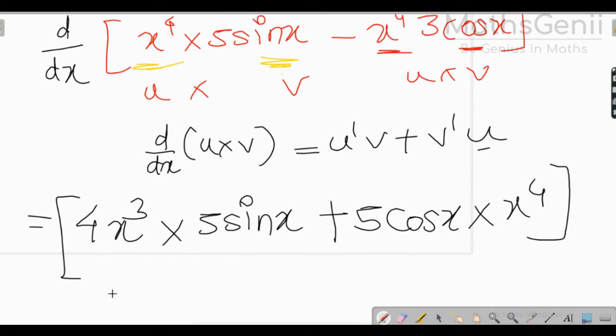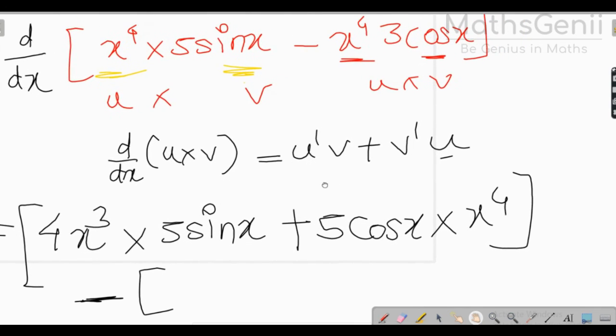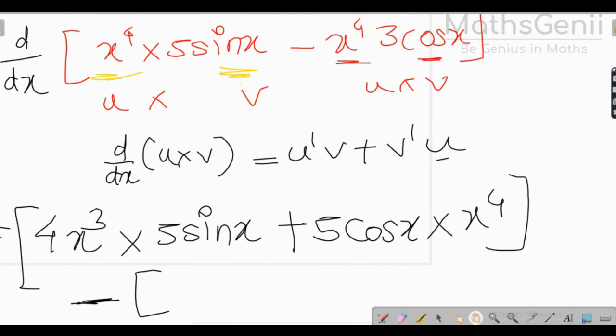Then you have a minus sign. Then again, you will look at this x raised to 4 into 3 cos x. So x raised to 4 is your u, correct?